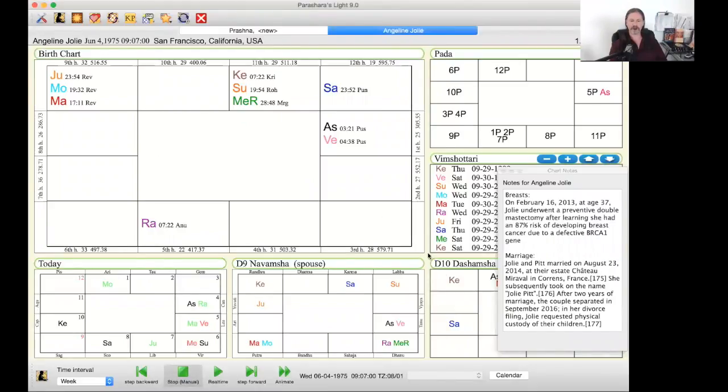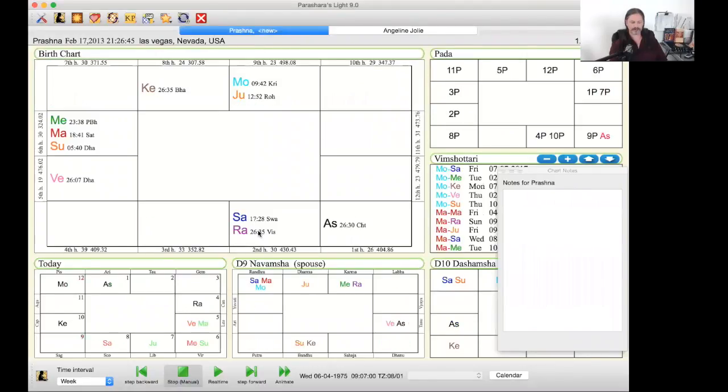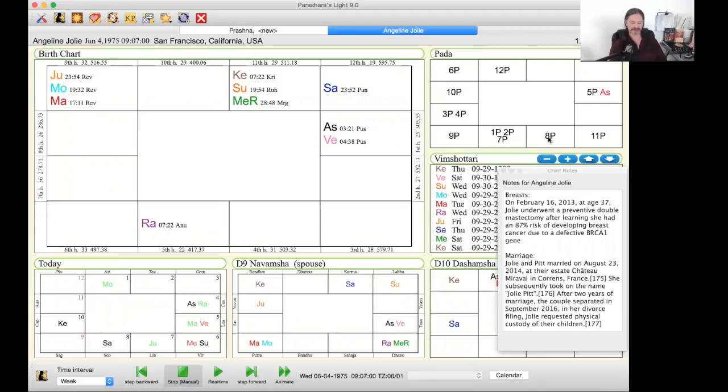So let's take a look at that again on this transit screen. So we see this is February 17th, 2013, right? February 17th, 2013, Saturn was going through that 4th house cusp, going through her 4th house and going over the 8th house pada, as I just said.